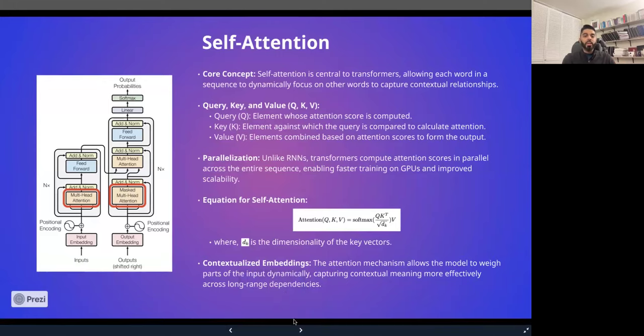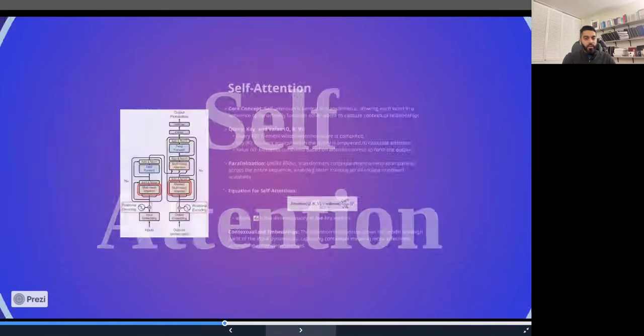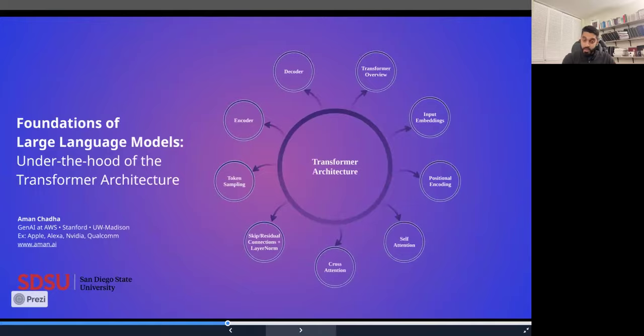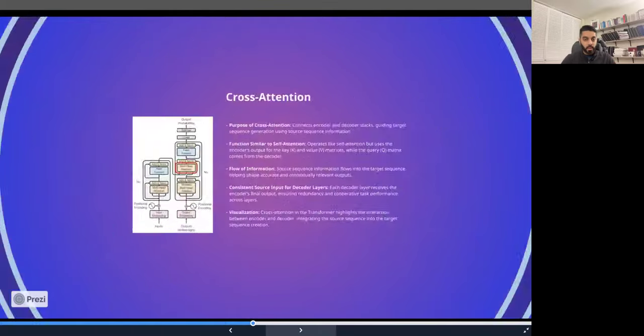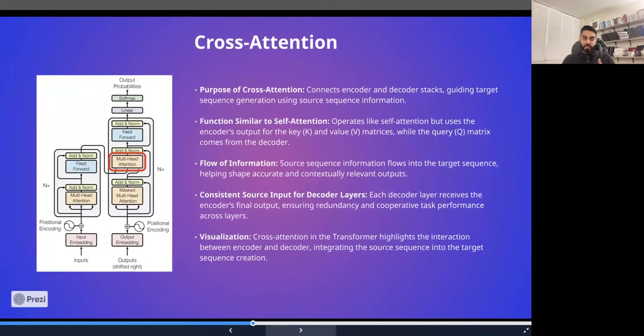So that was self-attention. And now we will proceed to cross-attention, which is a variant of self-attention, and it is geared towards a little bit of a different problem statement. If you look at the last slide, for self-attention, you notice that I highlighted two blocks within the diagram, the multi-head attention and the masked multi-head attention.